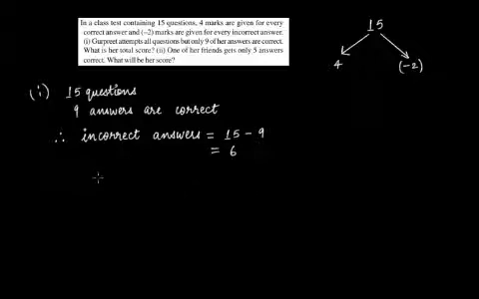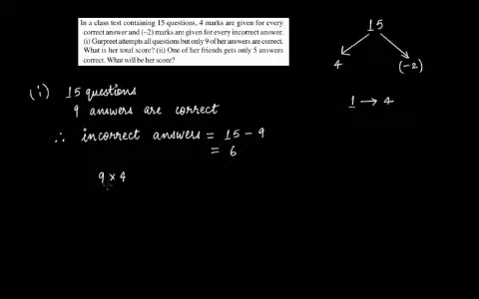Now for every correct answer she will be awarded 4 marks. She attempted 9 questions correctly, therefore for 1 she will be awarded 4, and for 9 this will be 9 times 4, and that is what we have written here.